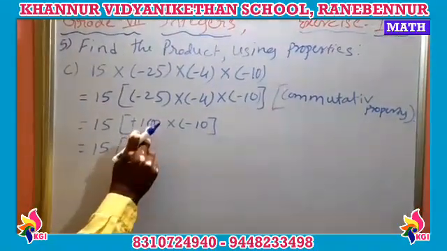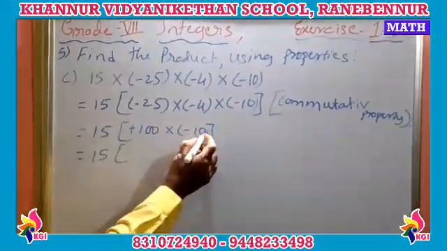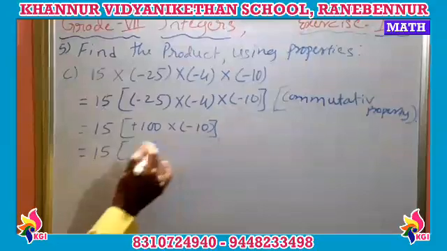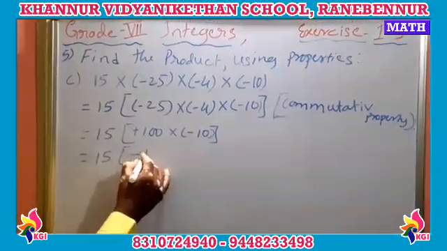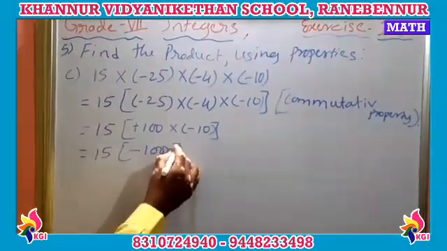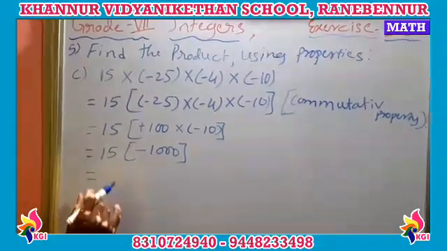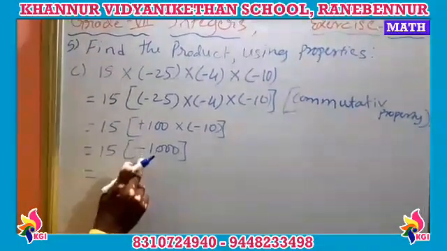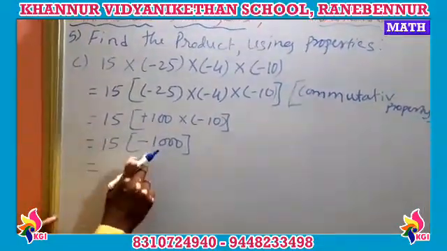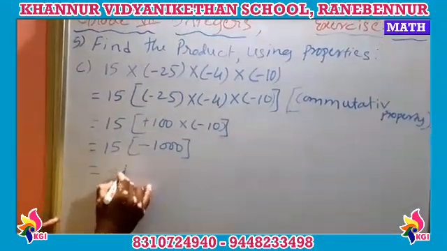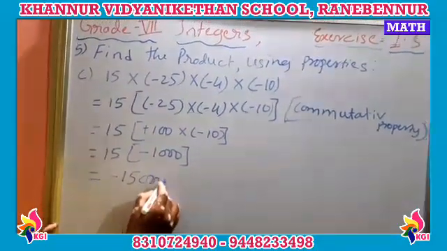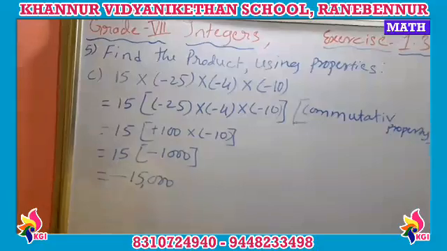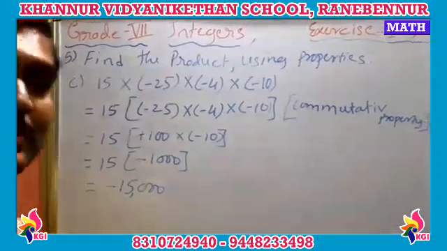Next, 100 and here 10. So plus into minus is minus, 100 tens are 1000. Outside plus and inside minus, minus into plus is minus; 15 ones are 15 and those 3 zeros make minus 15,000.